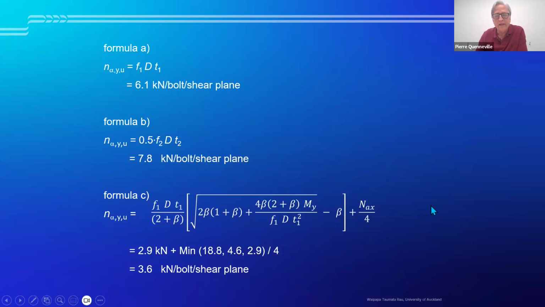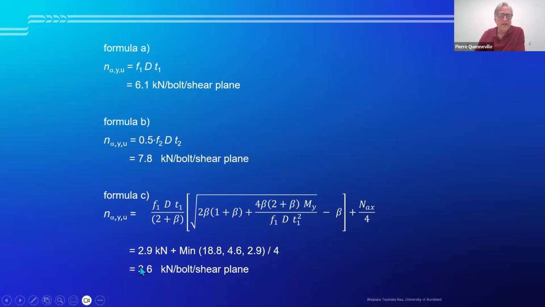We get 2.9, and then we get this n a x over 4, which is our rope effect, and this is either the minimum of the tensile resistance of our 10 millimeter bolt, or crushing under the washer, or the value of our left term, which is the 2.9 that we obtained from these formulas.